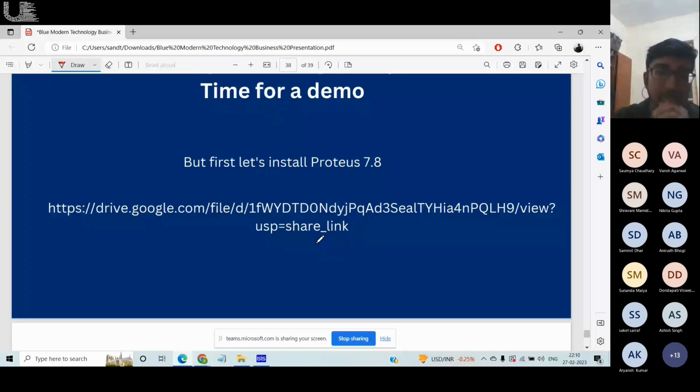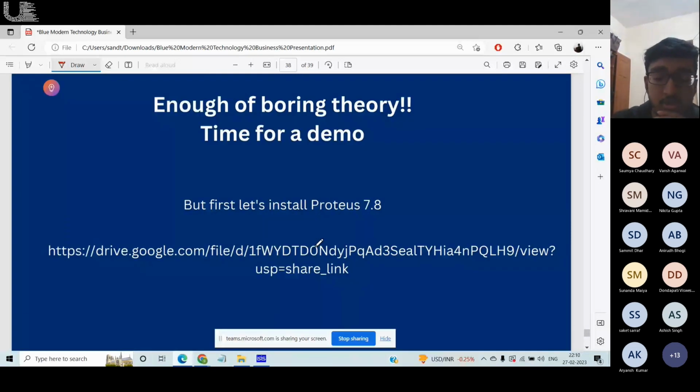I guess you're pretty much bored of this theory now. Maybe you can have a look at the implementation on Proteus, right? So it's time for a demo, but first you have to install Proteus 7.8. For the event, we are supporting Proteus 7.8, but you can also use Proteus 8. There's no restriction as such, but Proteus 7.8 is preferred.